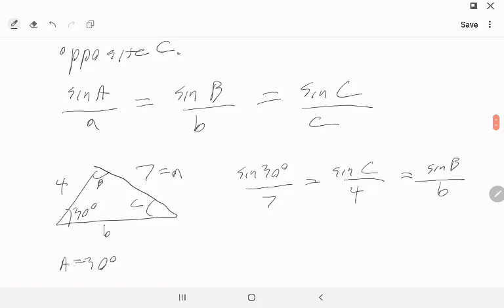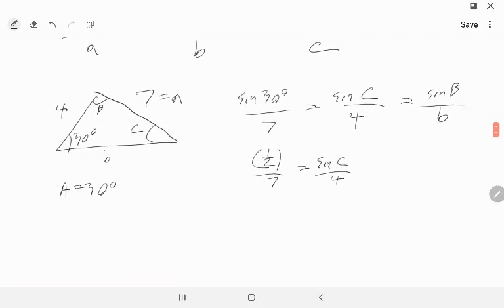So how can we do that? We notice that sine of 30 is 1/2. So 1/2 divided by 7 equals sine C divided by 4. That means we get 1/14 equals sine C divided by 4. And we can multiply both sides by 4.